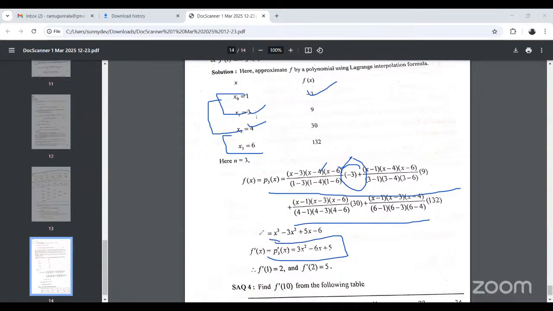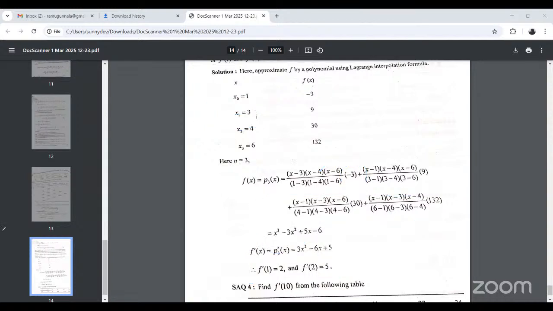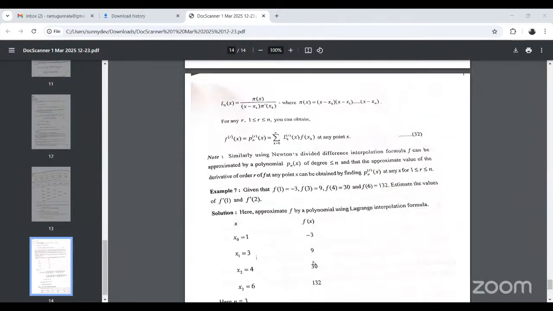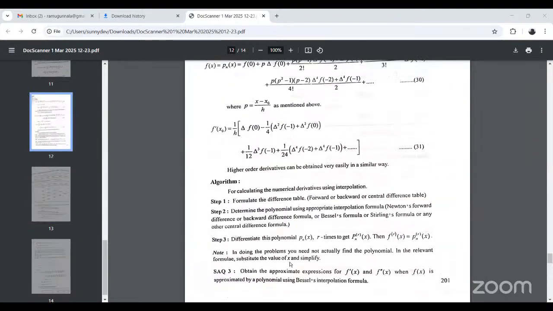From here we can find any values. Put the f dash of one value and f dash of two value, so any values we can find. Do this as homework.